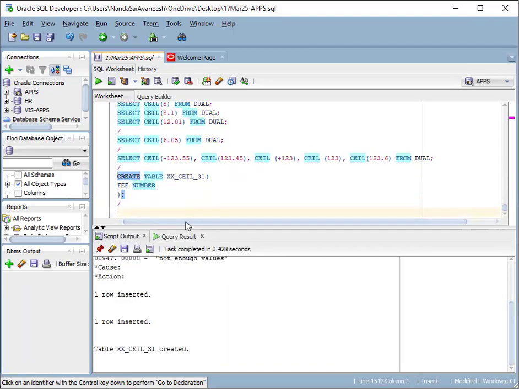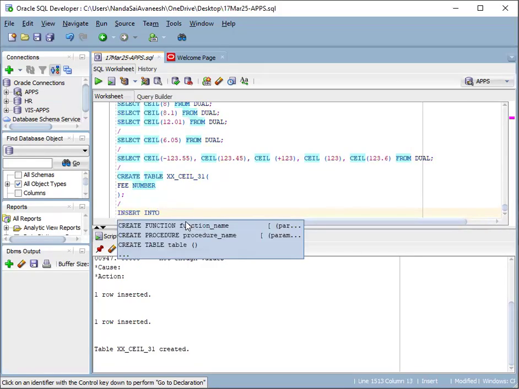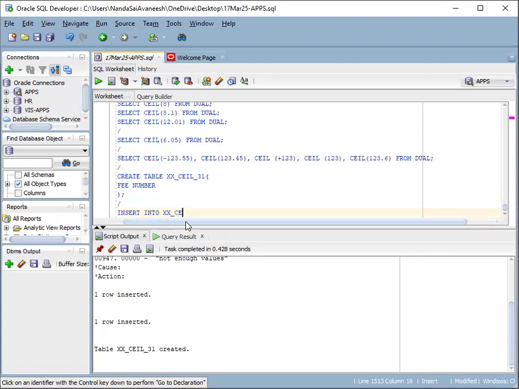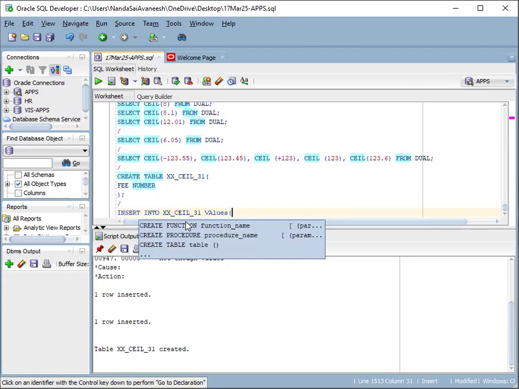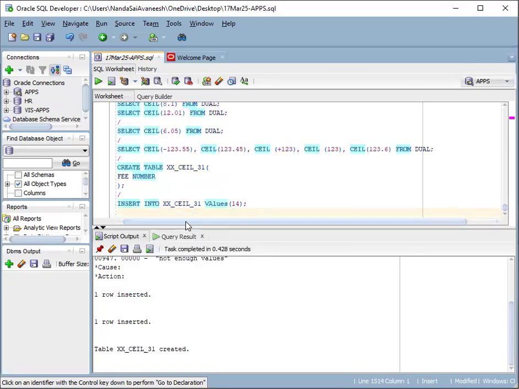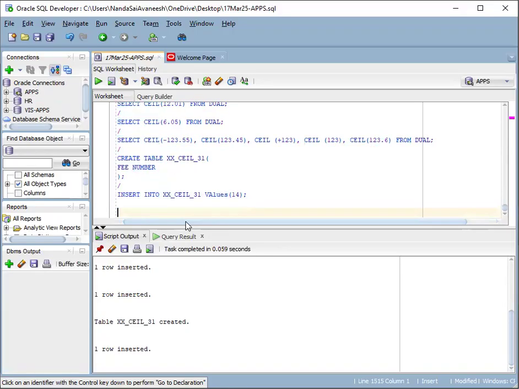I'm going to insert some values. Insert into xx_ceil_31 values, some values I'm using here. Okay. So one row inserted.